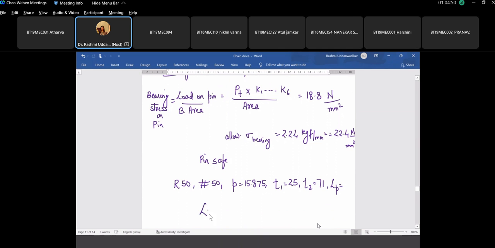Lubrication, quickly please. Two minutes and then we have to stop. For the type of lubrication, I have posted a graph on your machine design WhatsApp group. Check for the RPM of the sprocket. Check for the power based on the number of teeth.